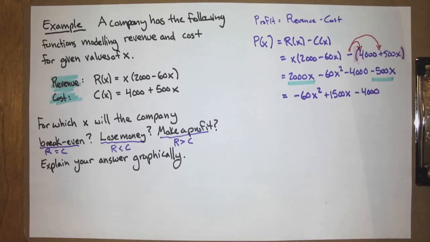So what do we need to do to really answer our questions? Well, you say find x, but find x that does what? You're on the right track. We need to find x, but find x that's doing what? What are the interesting values for x for us?